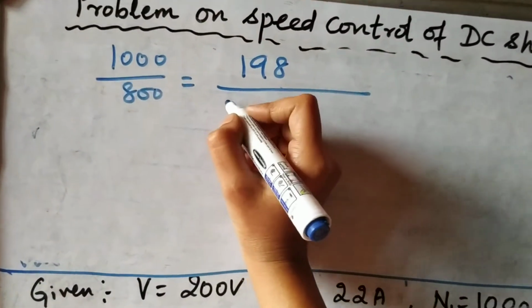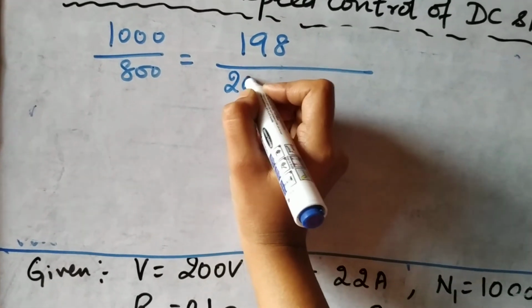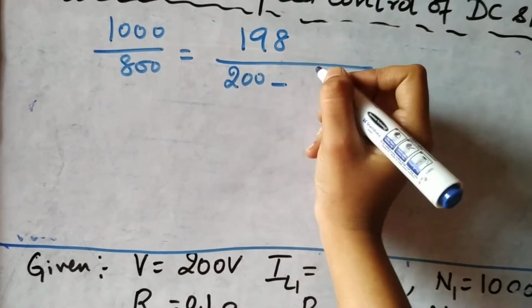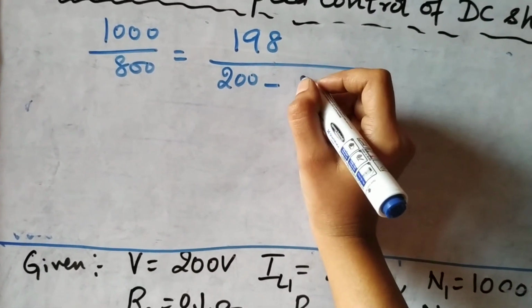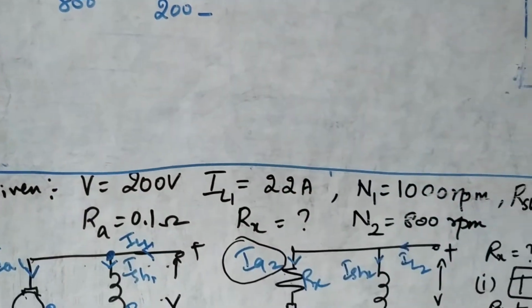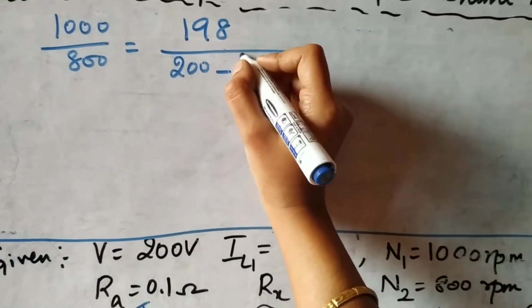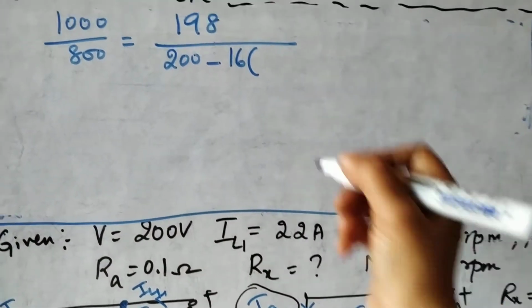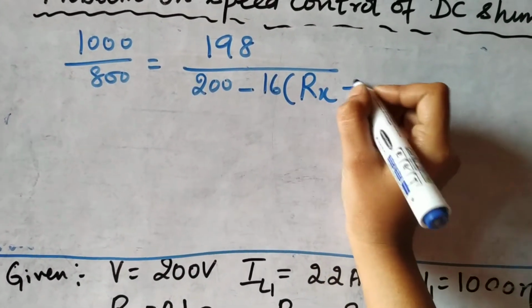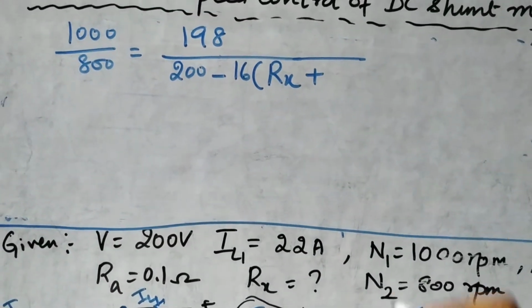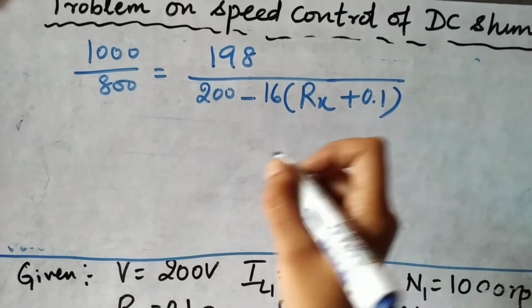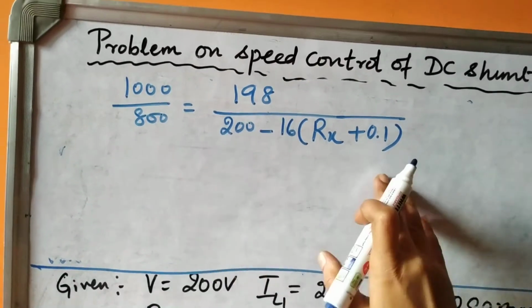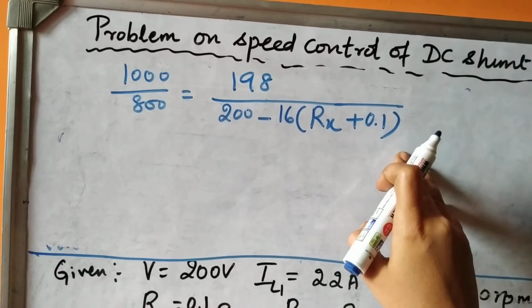So the same thing, V, that is 200, minus IA2, how much we got? The IA2 is 16 into Rx plus the armature resistance 0.1. Okay, so just cross multiply and solve this.